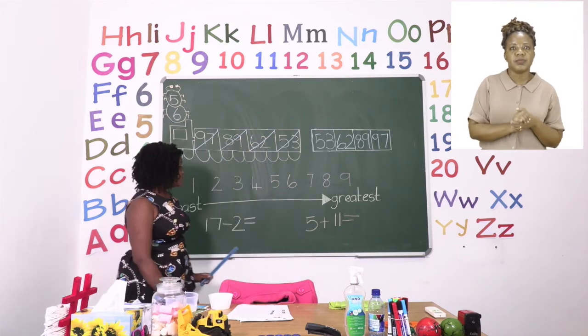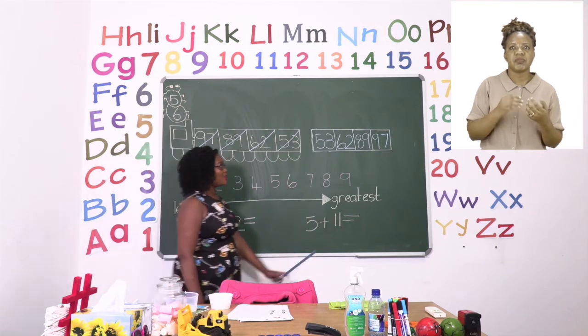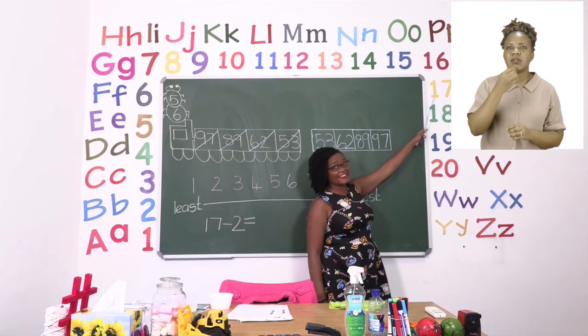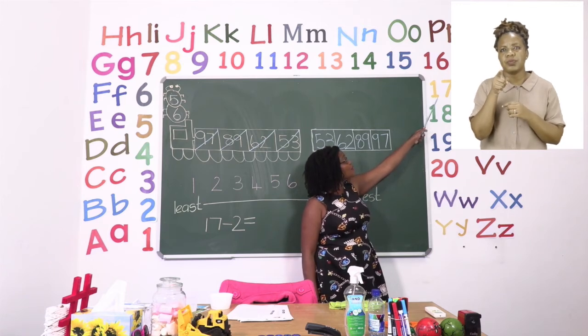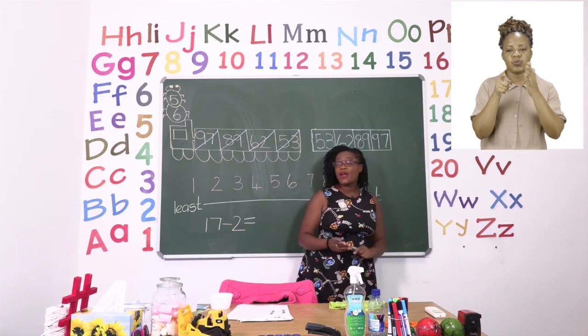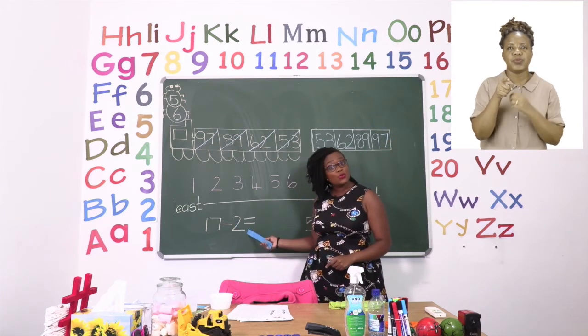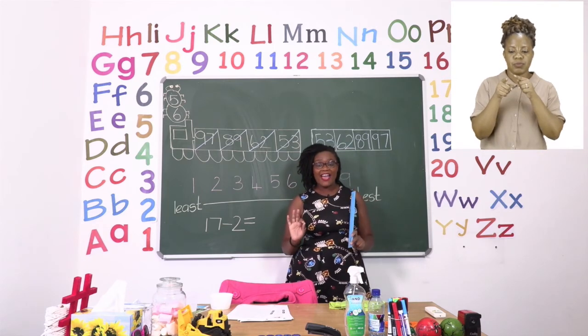Now, the first thing we need to do is put our finger on the number 17. So our number 17 is here in the corner. Then, what we're going to do is we're going to loop to the next numbers, which is 2 loops, and we're going to stay on the number we land on.